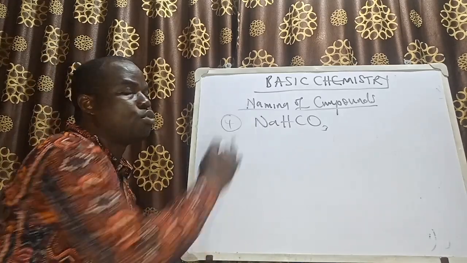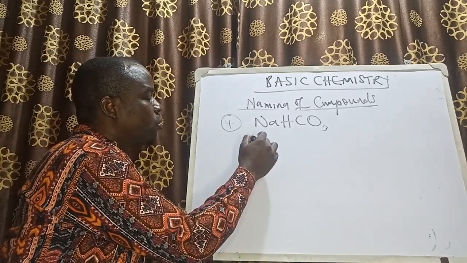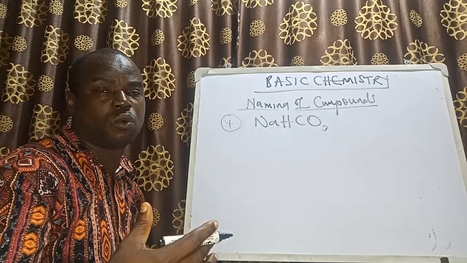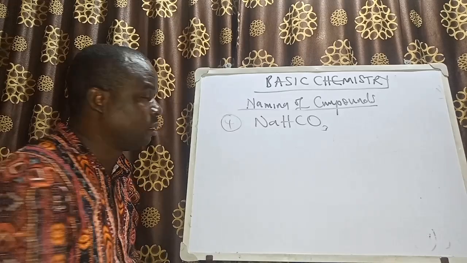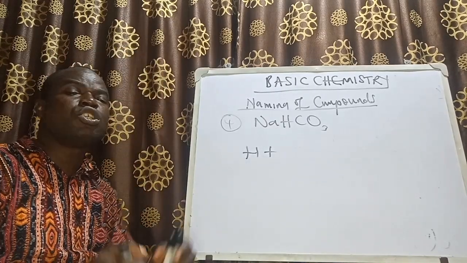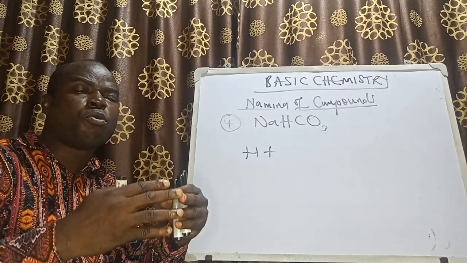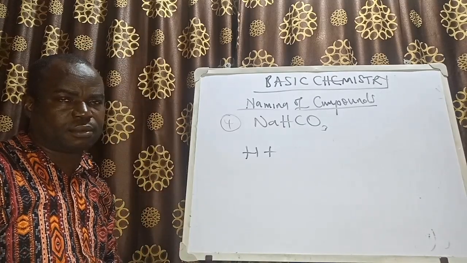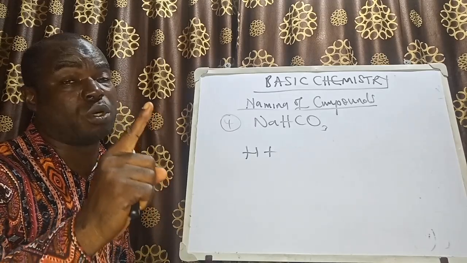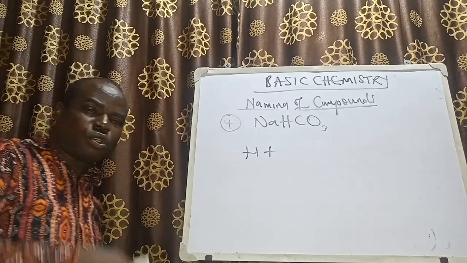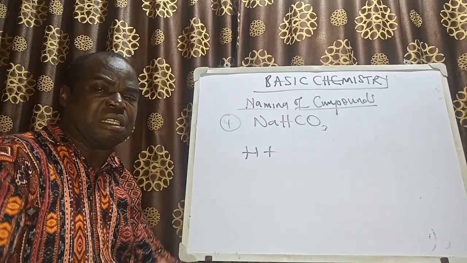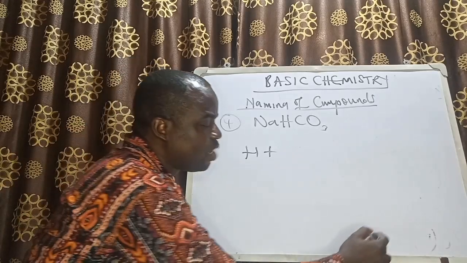So, what is sodium? I've explained that already. Sodium is number 11, which is 2, 8, 1, so the oxidation number is plus 1. Now what is hydrogen? The oxidation number of hydrogen is always plus 1, because that's number 1 in the periodic table. But there's an exception. Listen carefully.